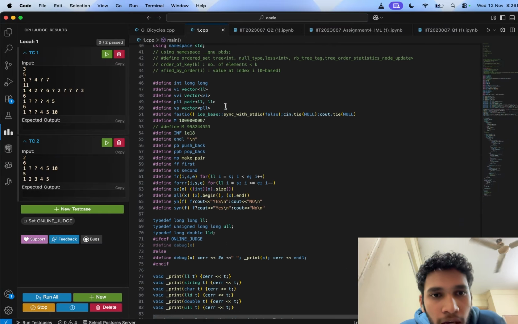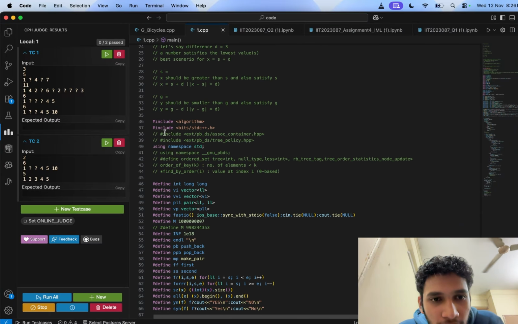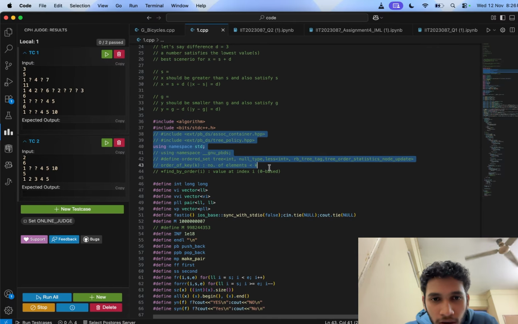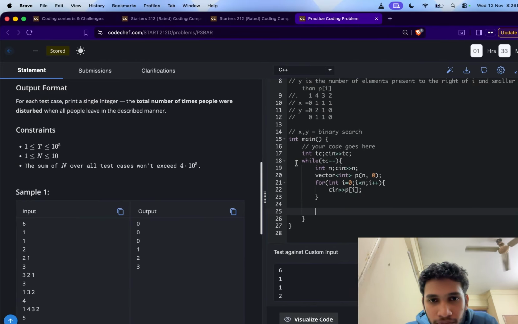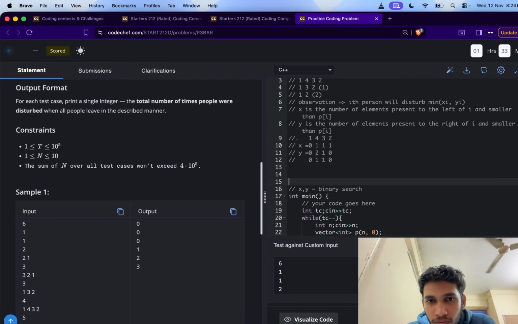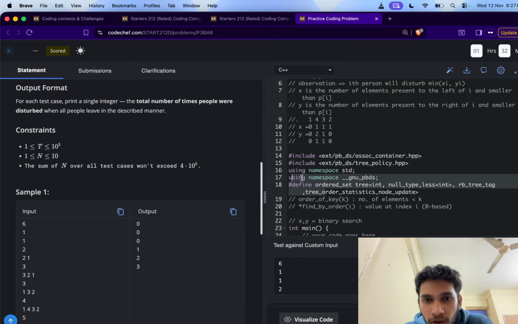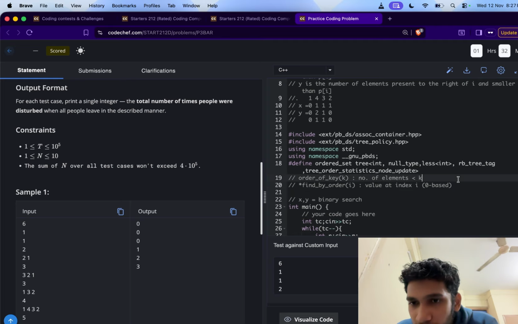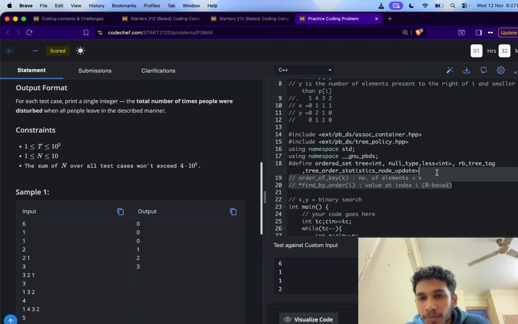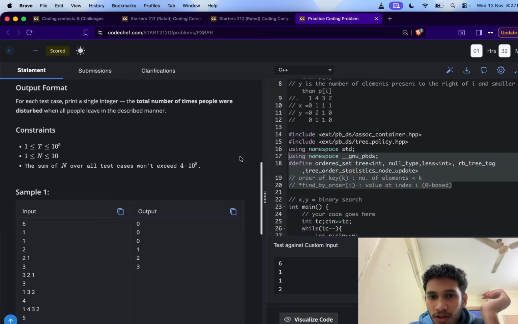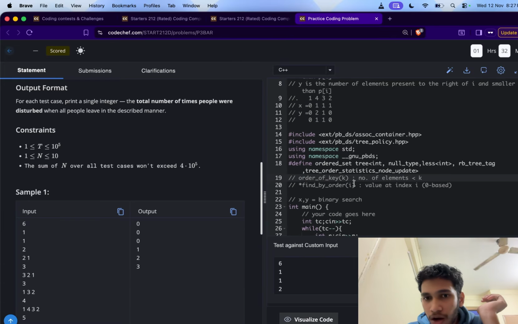Let me see my template. Let me make you aware of PBDS if you do not already know about it. This is the template for PBDS. These are the operations that can be performed using PBDS. What is a PBDS? It is a set, a normal set, but with these two extra operations.